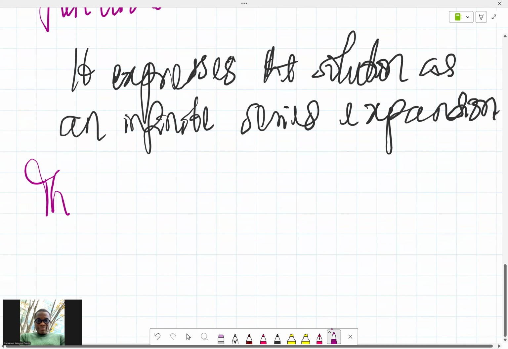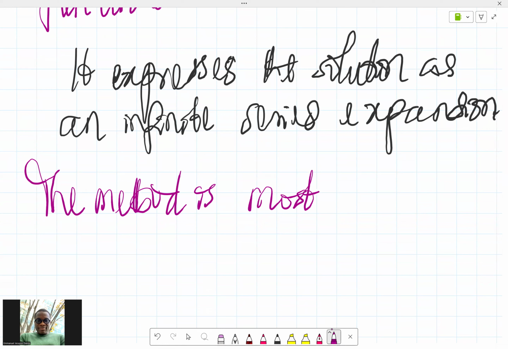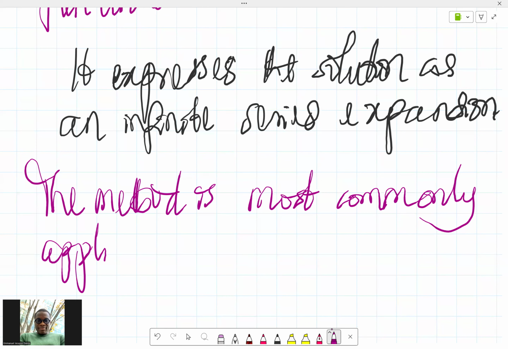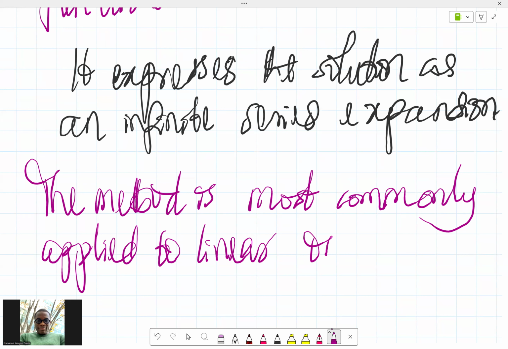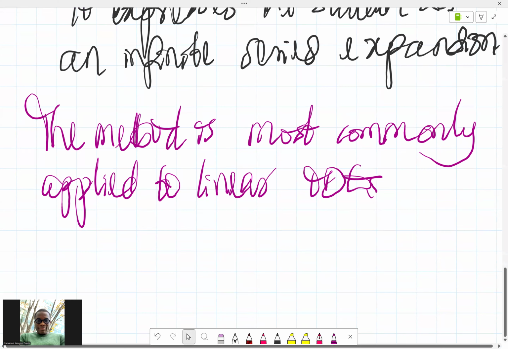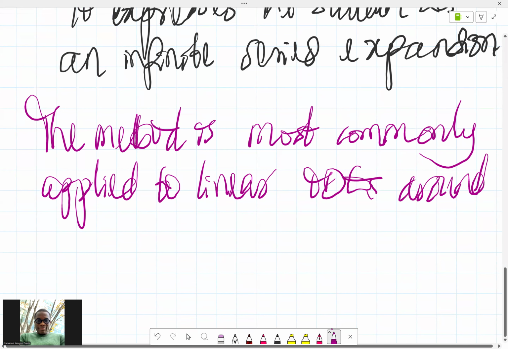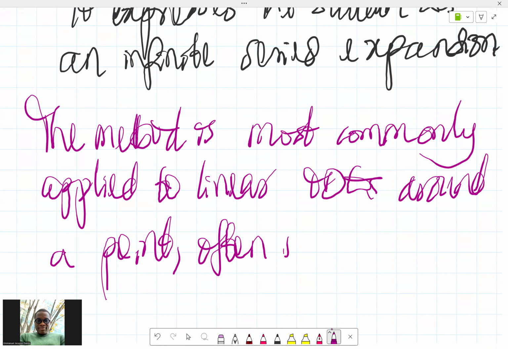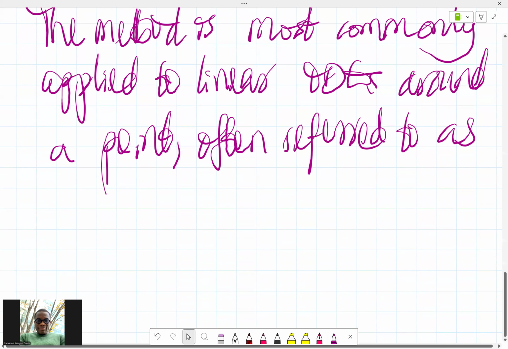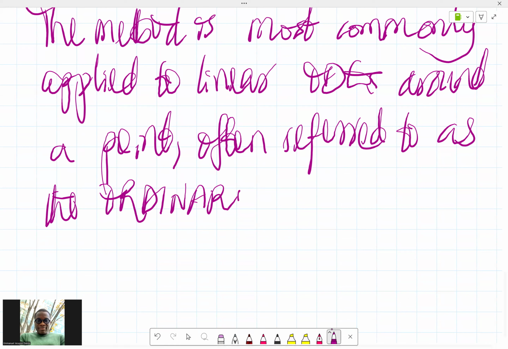The method is most commonly applied to linear ordinary differential equations around a point often referred to as the ordinary point.